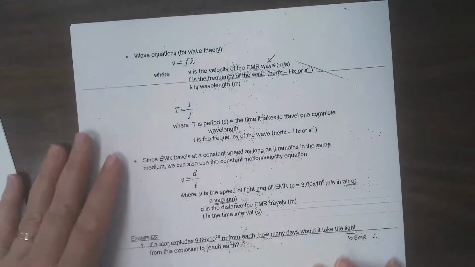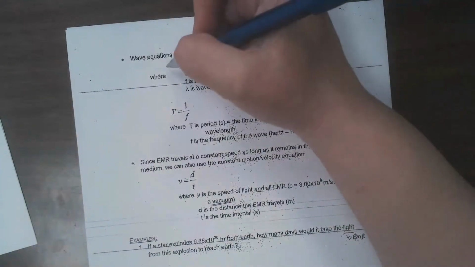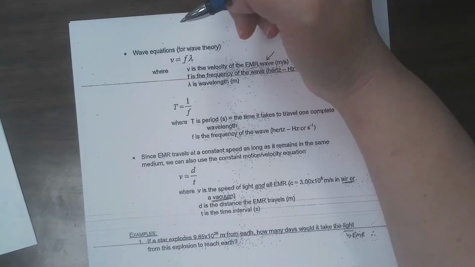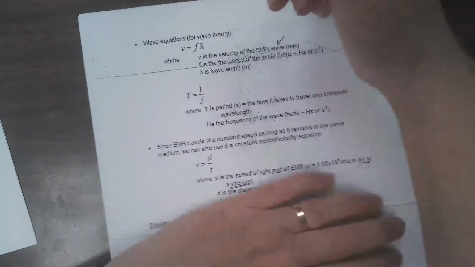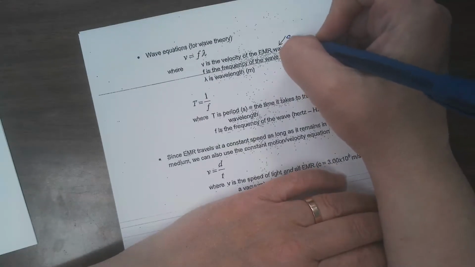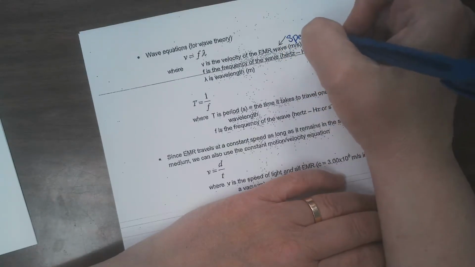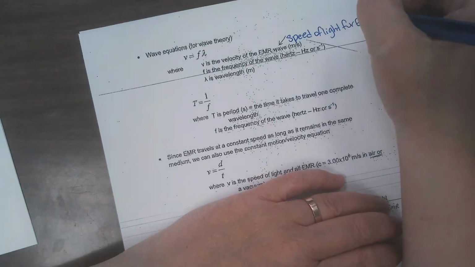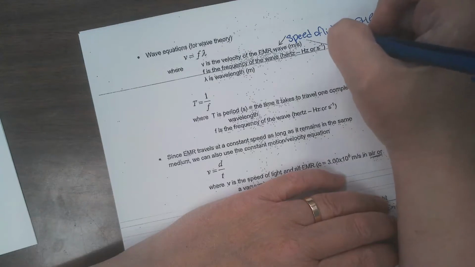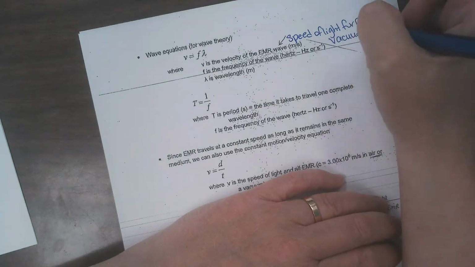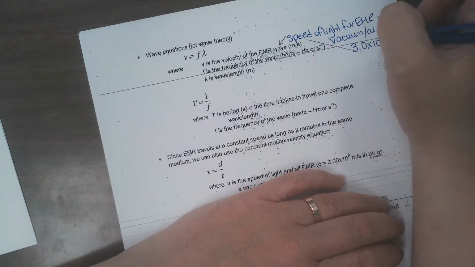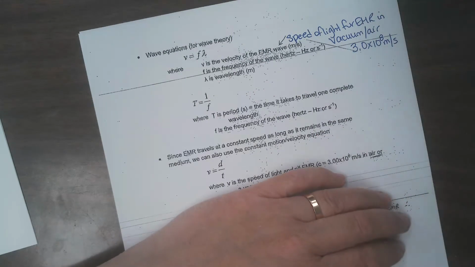All right, wave theory. The speed of the EMR wave, not the speed of light, but the speed of EMR wave, this is very specific, 3.0 times 10 to the 8 meters per second.